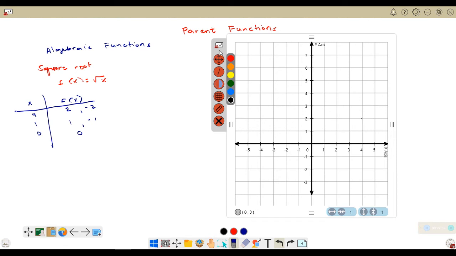So, for 4, pwede siyang maging 2, pwede siyang maging negative 2. Gawin natin red. For 1, pwede siyang maging positive 1, pwede siyang maging negative 1. At for 0, it is still 0.